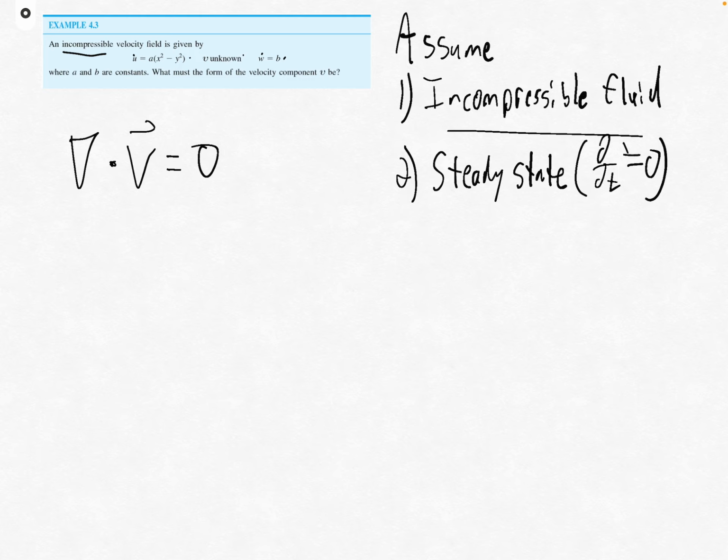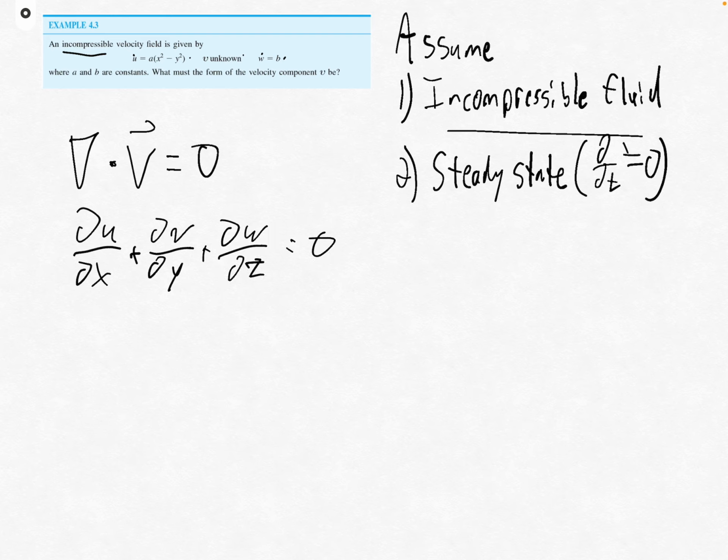Okay, so let's write out this expression. Incompressible continuity del dot v is equal to 0 is equivalent to saying that du dx plus dv dy plus dw dz is equal to 0. v is unknown, u and w are both known, so we can start to plug these in.